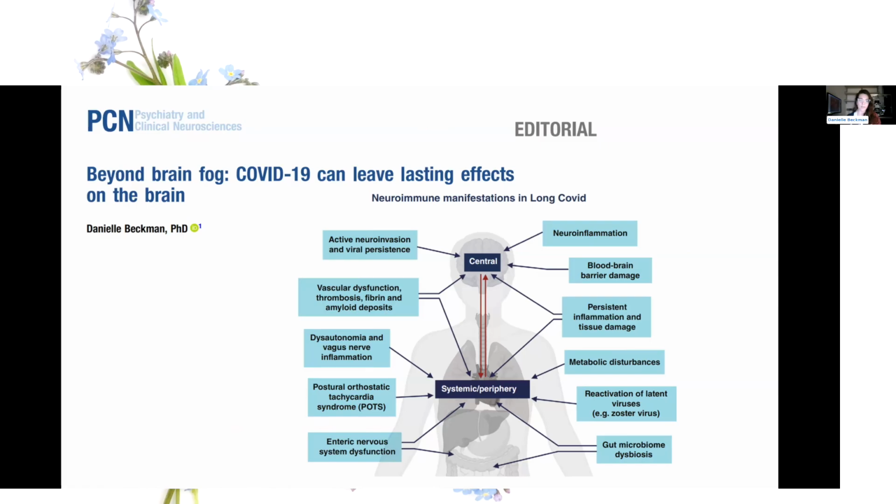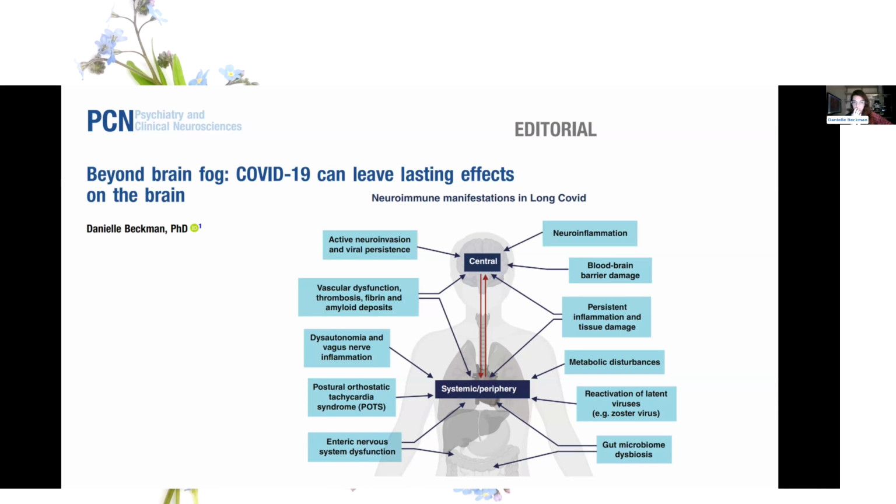So ME has a lot in common. I have been trying to follow the ME research. There's not a lot, as most of the people here know. But I think there is a lot of overlap between what ME and long COVID can do in terms of damaging the brain.